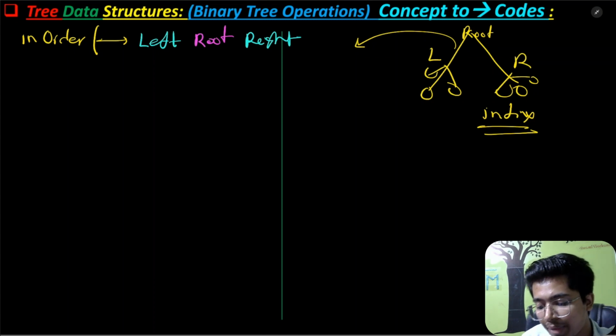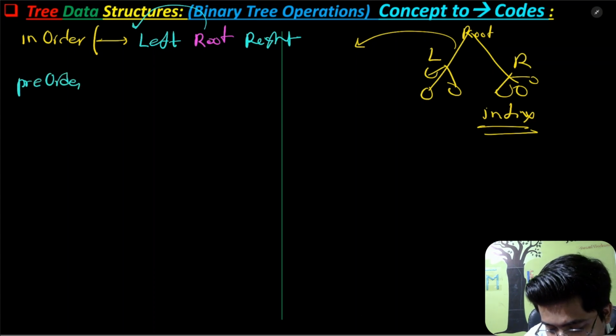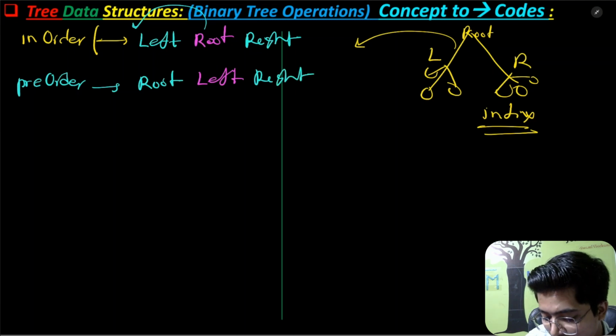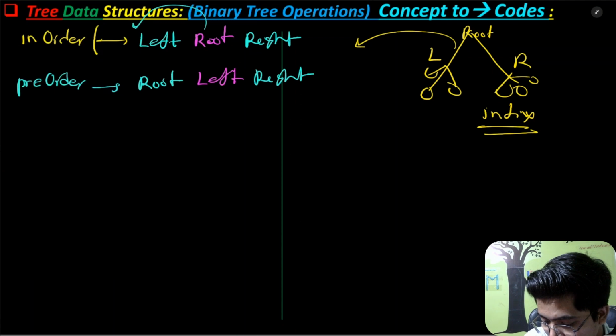In prefix, the root comes in the front, and that becomes prefix, pre-order traversal. So this is the root, then left, and then right. The root came to the forward position.